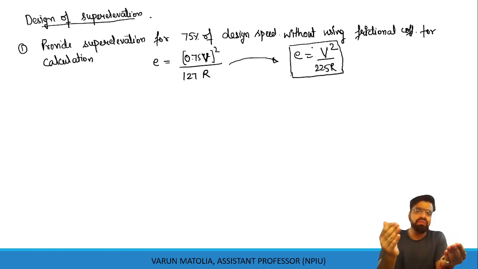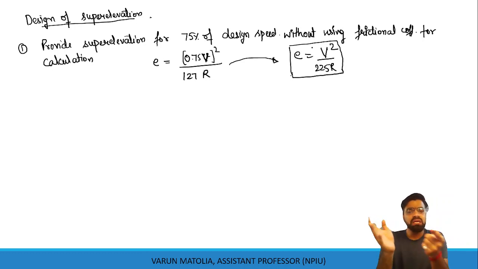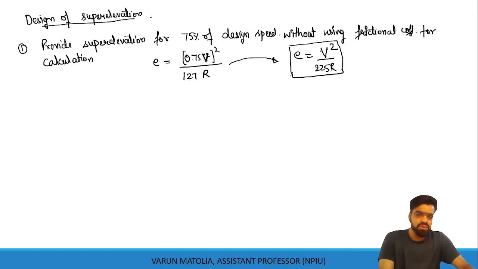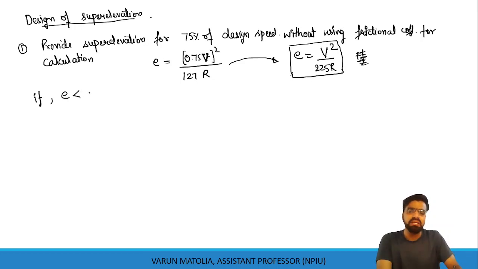If just the calculation of super elevation is required, then the initial formula V square by 127 R can be used. So for design of super elevation, we'll find out the super elevation using this formula. If E is less than E limiting value we just have discussed, then design is safe.